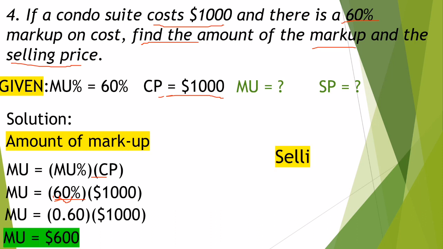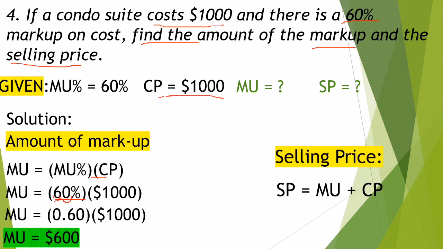Therefore, MU is equal to 0.60 multiplied by 1,000, which is our CP. And 1,000 times 0.60 is equal to 600. So our markup is 600. Next, for our selling price, we're going to use the formula SP is equal to MU plus CP since we already have the MU.